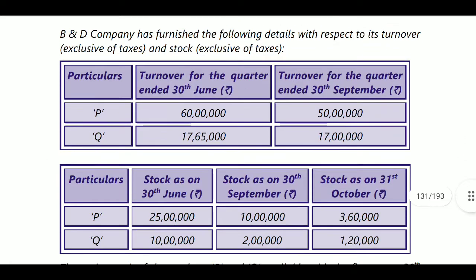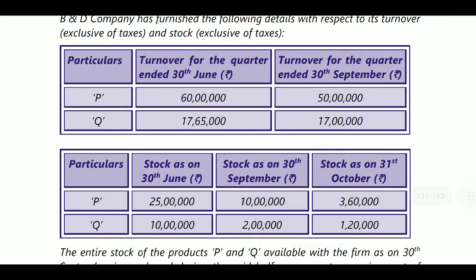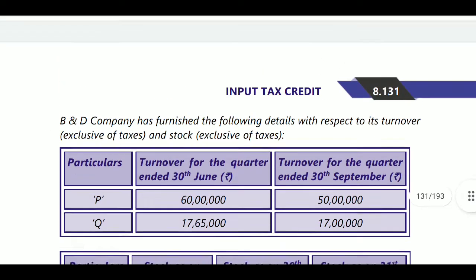So next, what is the turnover? 60 plus 50, 110, plus 17.65, and so on. It will cross 75 lakhs, so it will come under the normal category. But in which state is he?